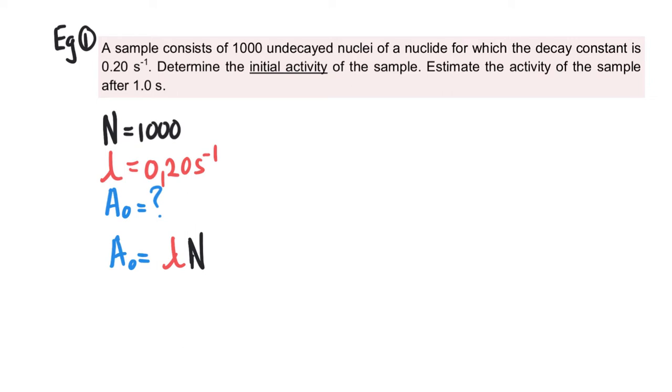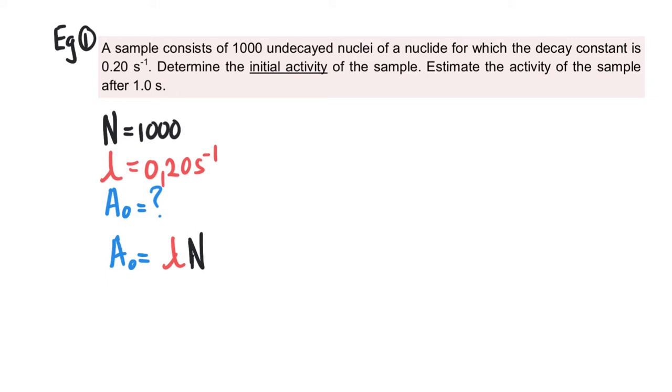Now remember that the activity is proportional to the number of undecayed nuclei. So it's going to decrease as time goes on, because as decay takes place, the number of undecayed nuclei is going to decrease, and therefore the activity is going to decrease.